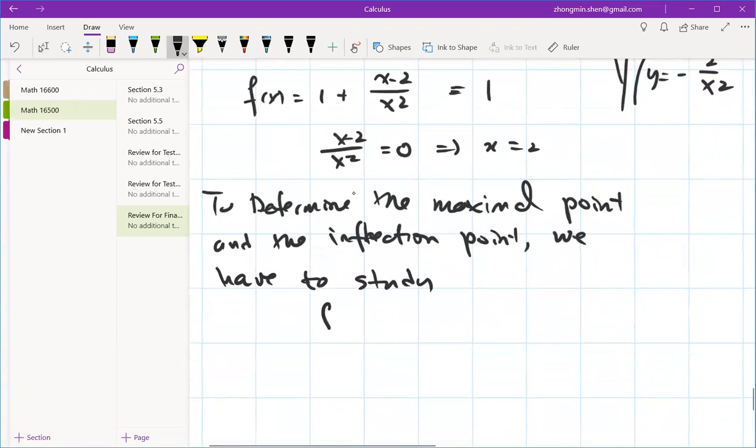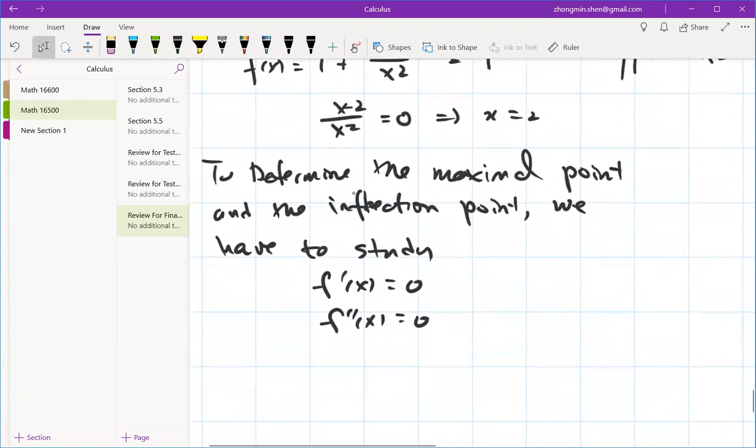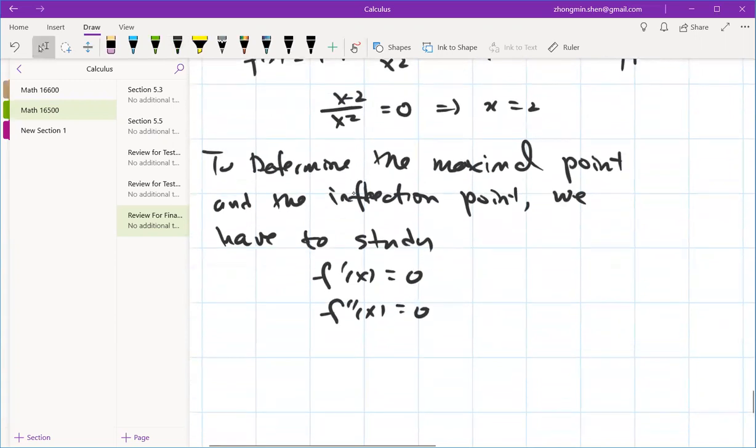Yeah, we have to study the equation. Okay, those two equations. The first equation gives a critical number at which the function has its absolute maximum value.